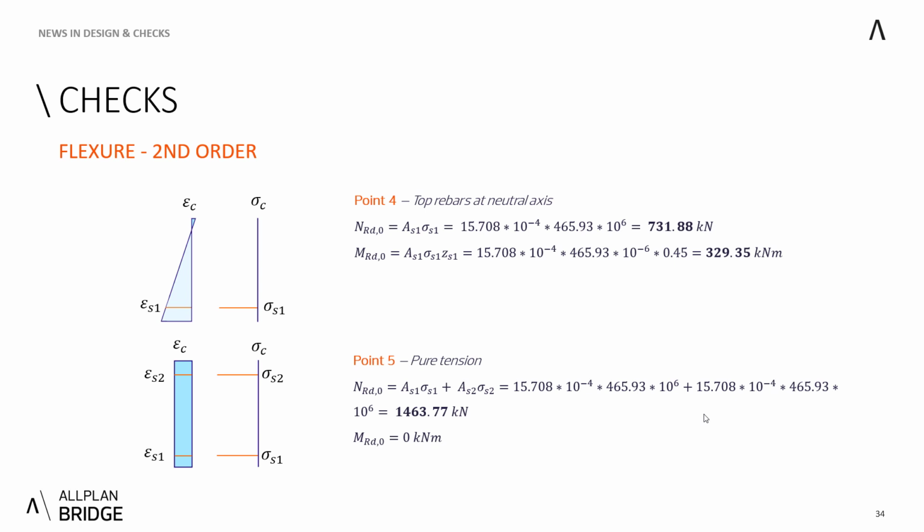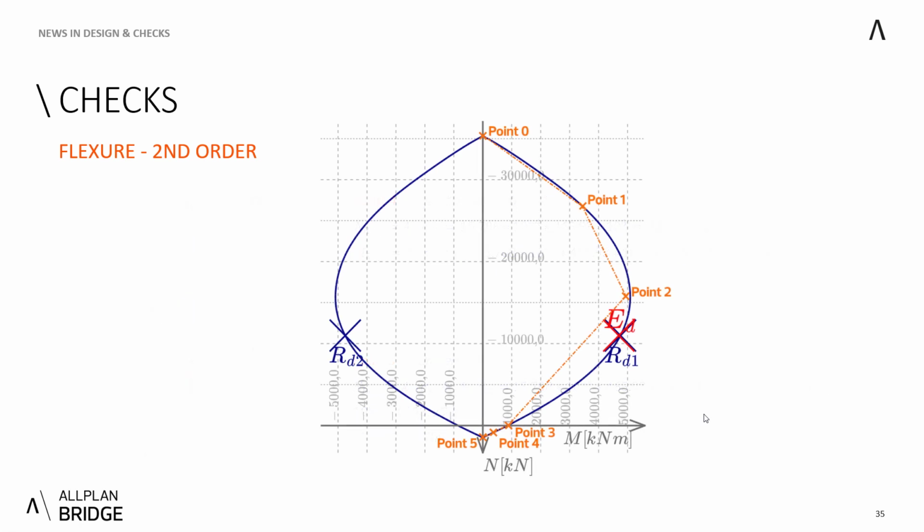And if we compare the results, which we had just hand calculated, with the results provided by Allplan Bridge, it could look like this. Also, this point 2 is a little bit different because this calculation by Allplan Bridge is already rotating our plane of stresses because we have applied those imperfections, and it's a little bit out of the plane already by the second orders.